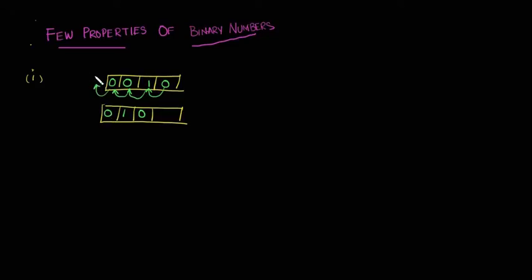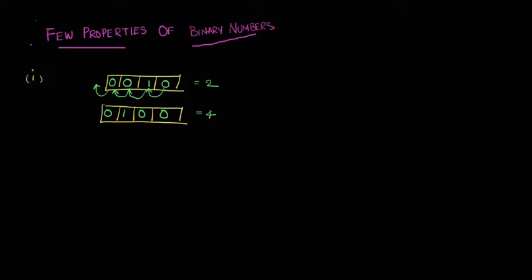For now let's not consider this 0, and this position is blank, so we put a 0 here. What is this value? This value is 2. The weight of this position is 4, so this value is 4.